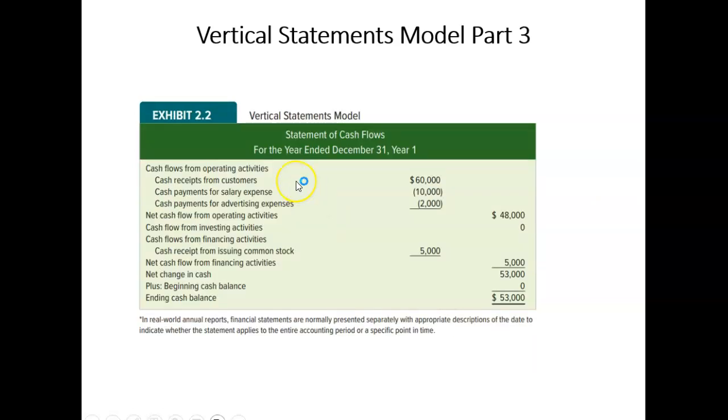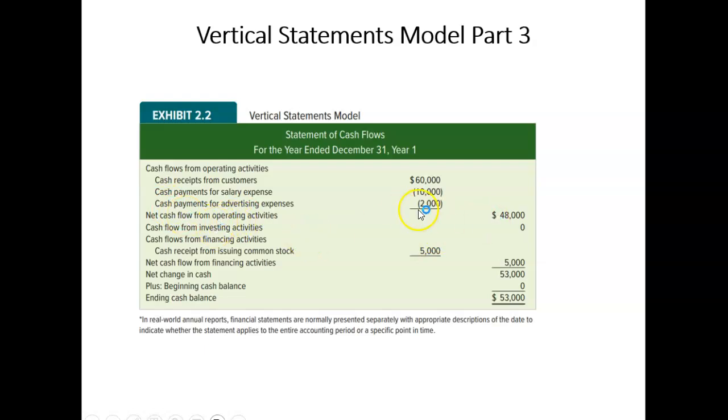Okay? The statement of cash flows shows our cash inflows and outflows based upon types of activities. Under operating activities, we had an inflow, cash from customers, and outflows for salary expense and advertising expense. So overall, operating activities had a net cash flow, which means an increase of $48,000.